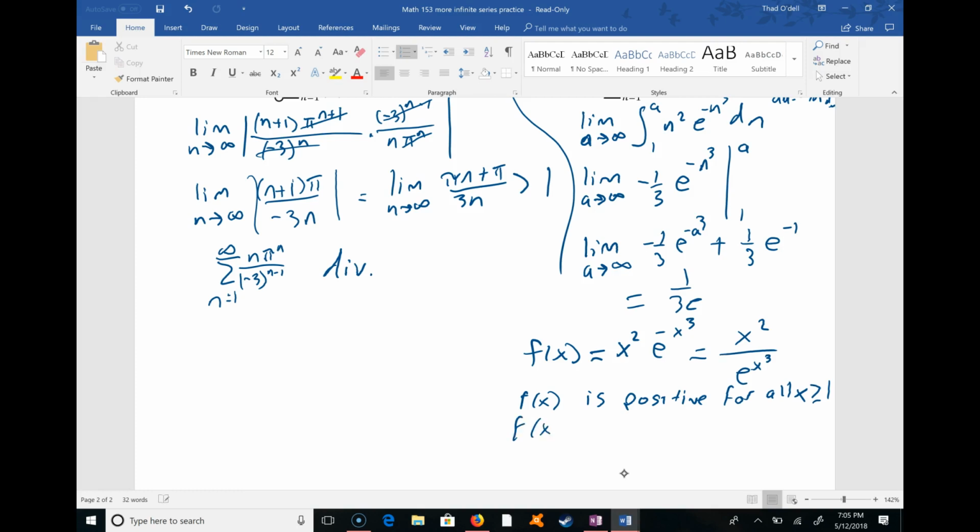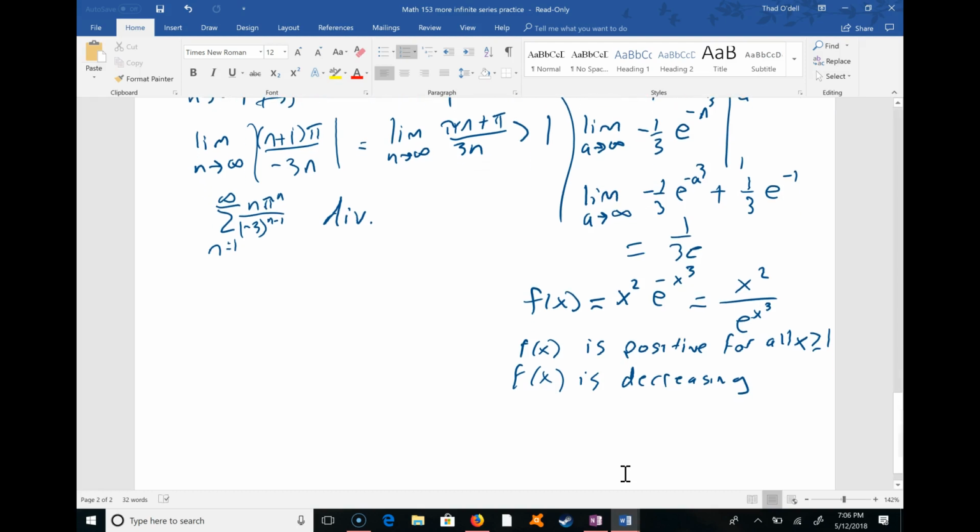Also, f of x is decreasing. How do we know it's decreasing? Well, we could take the derivative, which is not going to be pretty. Is there an easier way? Yeah, I think we'd have to take the derivative.